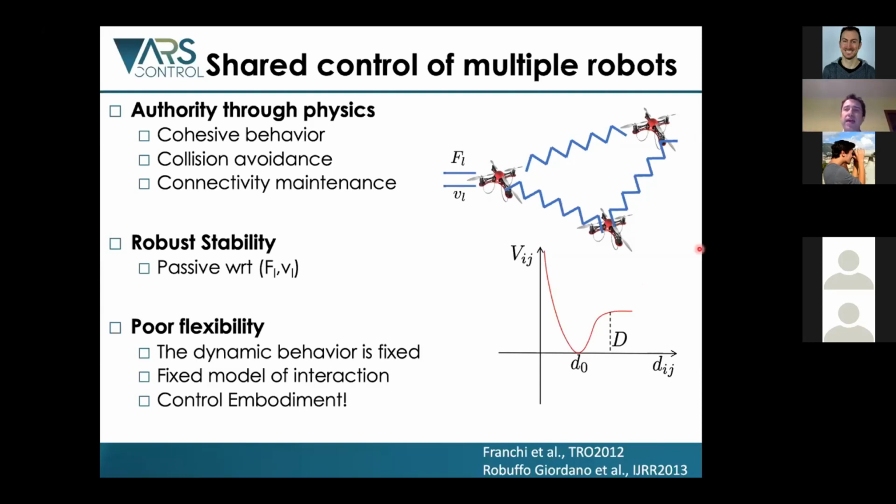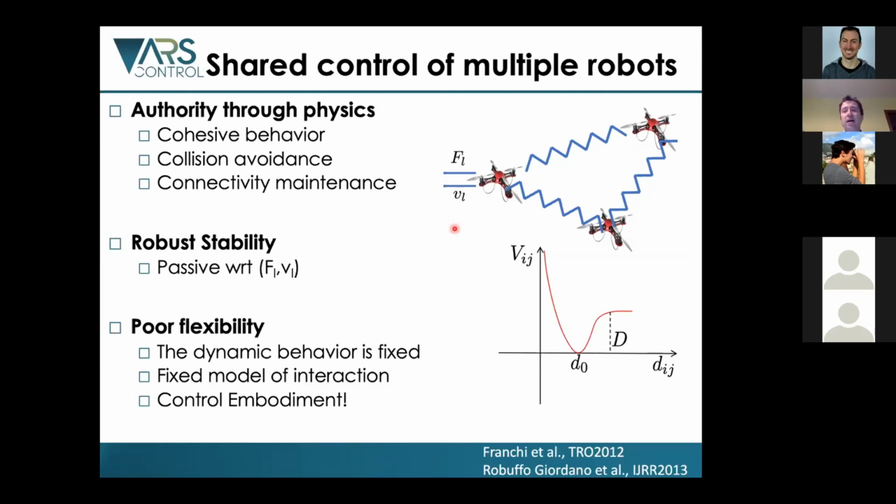So at the end of the day, we made a set of robots into a unique virtual physical system that is robustly stable because everything is passive with respect to this port, okay? But the thing is that the system is super simple, but not so flexible. Why is that? Because the dynamic behavior is fixed.